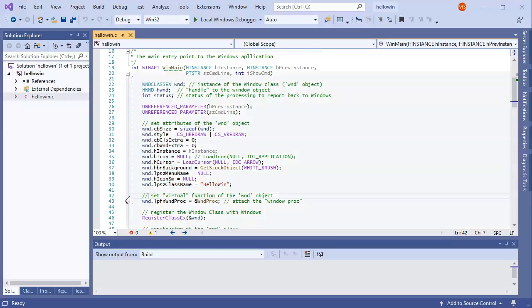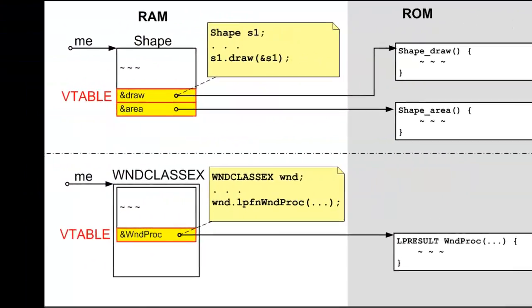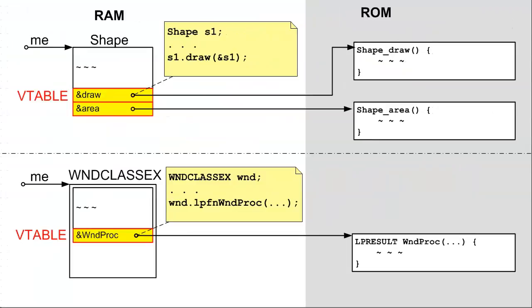But next, you can hopefully recognize the assignment of a quote-unquote virtual function, the Windows procedure WndProc, specific for this window class. Here, the Windows API designers use the simple implementation technique of embedding a pointer to a virtual function directly in the attribute structure, which I mentioned in my last lesson about object-oriented programming in C.